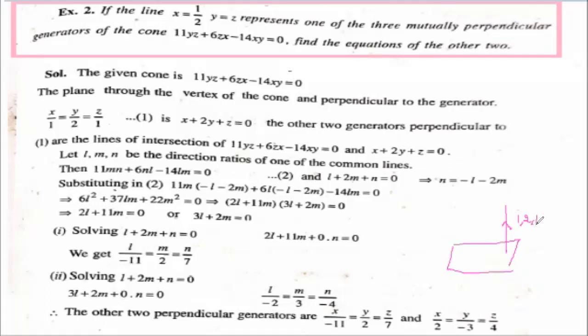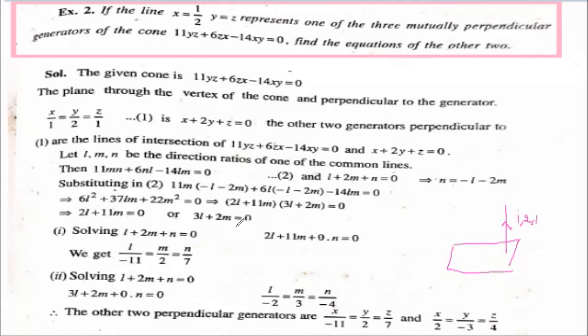Then we have 11mn plus 6nl minus 14lm equal to 0 and l plus 2m plus n equal to 0. Therefore, n becomes equal to minus l minus 2m. Now, using this value in the cone equation, we will get the two values 2l plus 11m equal to 0 and 3l plus 2m equal to 0.